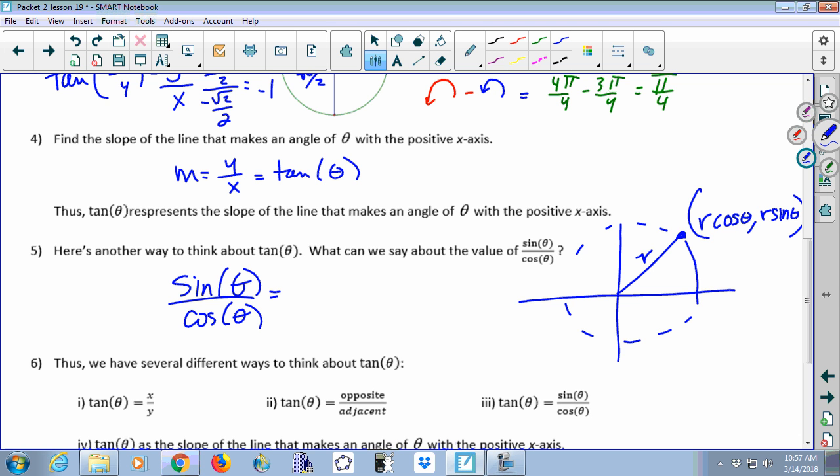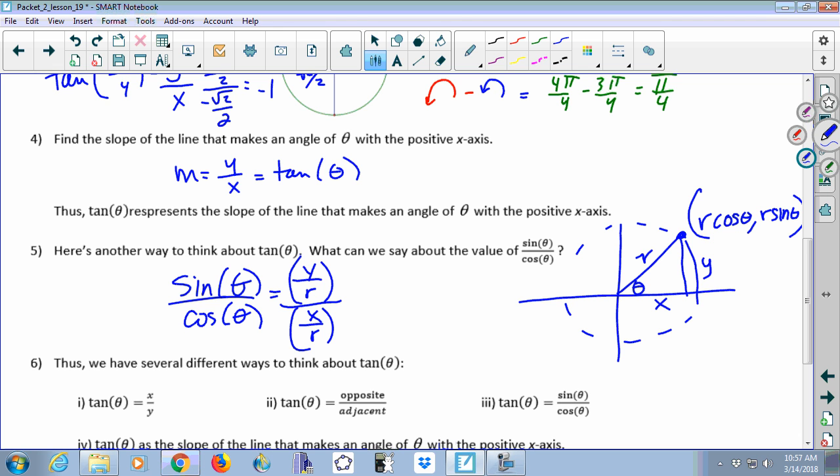All right, so let's just do the y over x business again. So here's theta. So the sine of theta is y divided by r, right? The opposite divided by the hypotenuse, y divided by r. The cosine of theta is the adjacent side to theta, x divided by r.